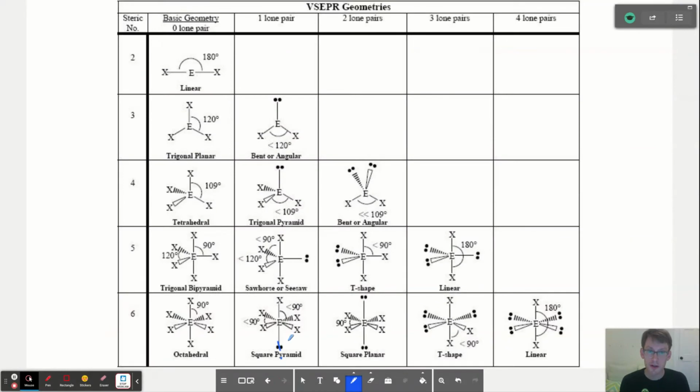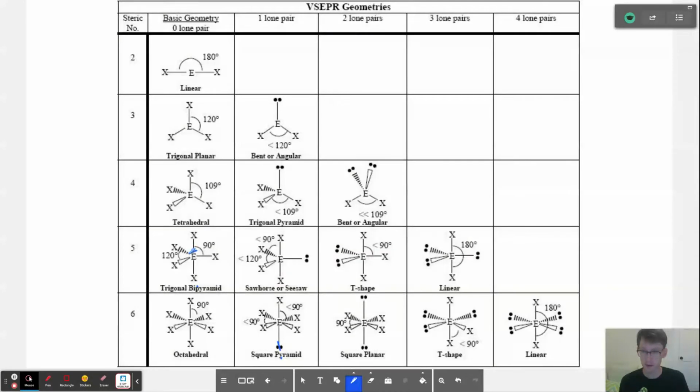We could also consider, if there's a steric number of 5, then you will have essentially around the central atom, if there are 3 groups around it, and then one above and below. The three that are around it are essentially trigonal planar, but then in the vertical domain, you have linear.